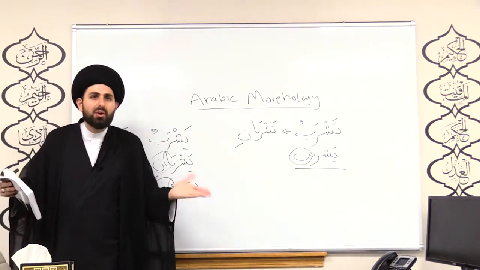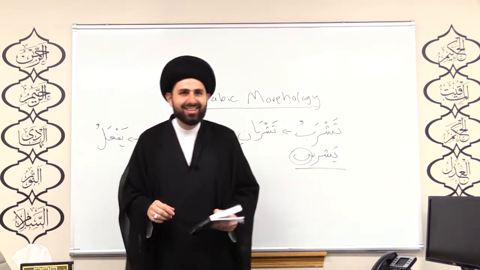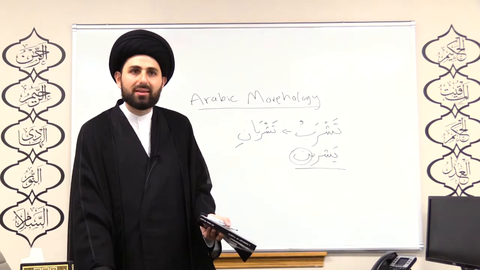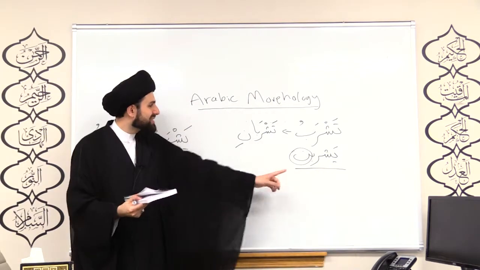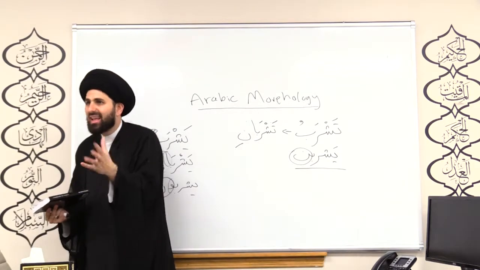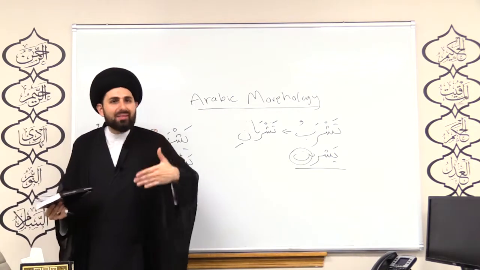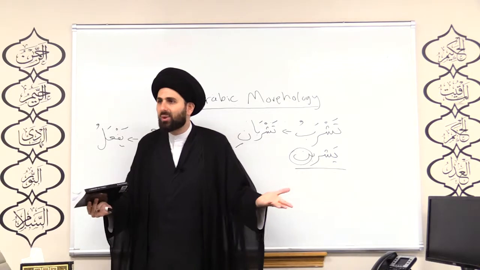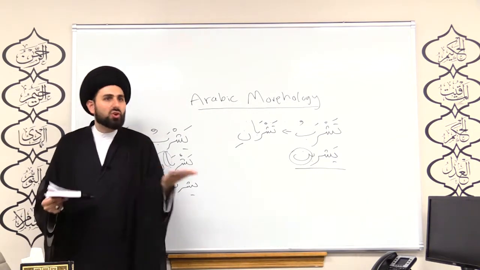Why say tashrabna when yashrabna gets the word across? You see the point here? Why would you put two signs of femininity? The Arabs say one sign of femininity is enough. And because the noon is only applied to female groups, that automatically is also a sign of femininity. So when you have the sign of femininity, no need to put another one. That's redundant, right? Tashrabna is redundant because yashrabna means only feminine.